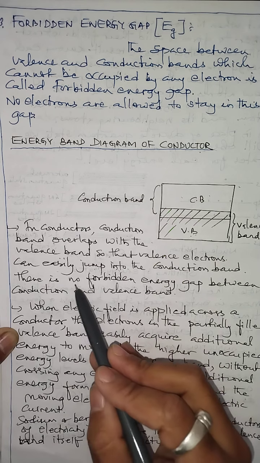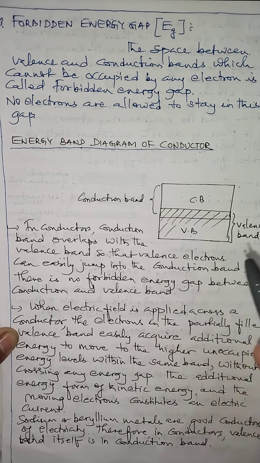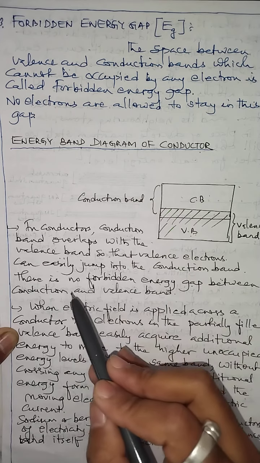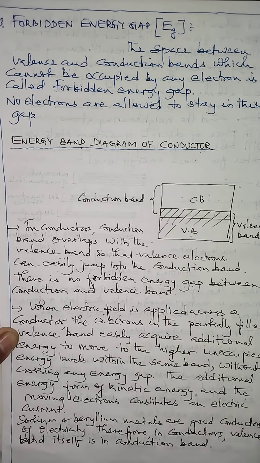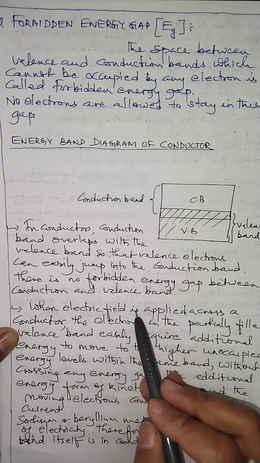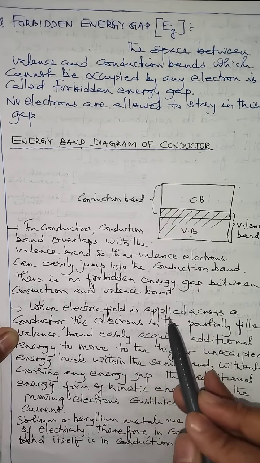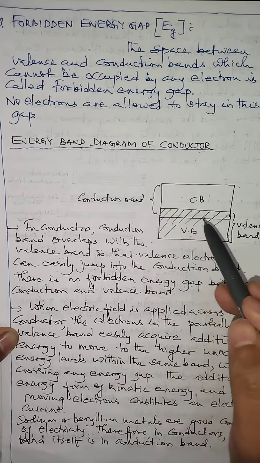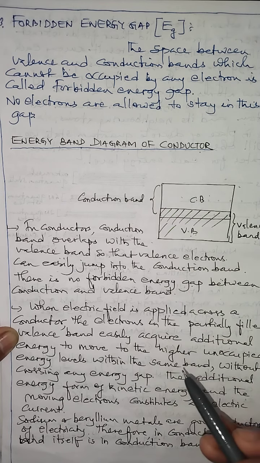That's why no forbidden energy gap is present between the conduction band and valence band in a conductor. But in case of a conductor, if an electric field is applied, that means when the conductor is connected to a cell or battery, there is an electric field across the conductor.